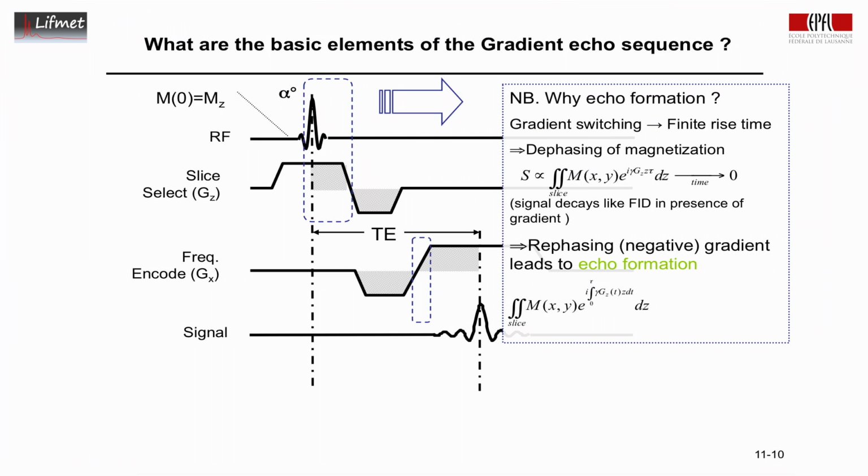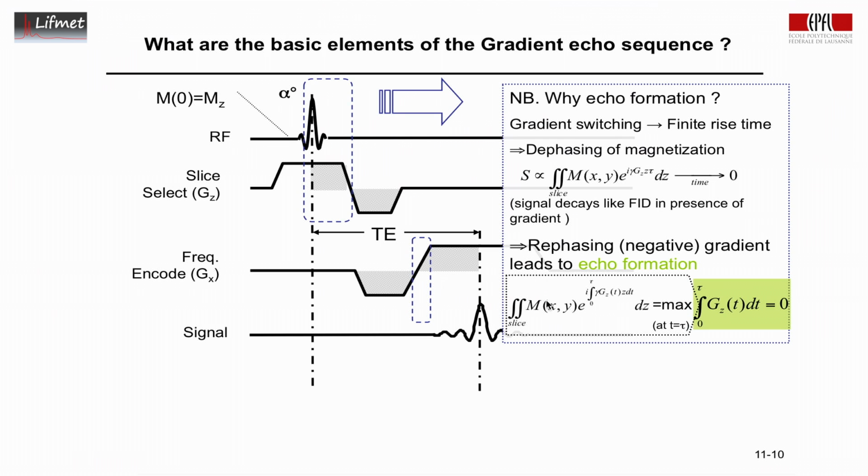If we write this in general terms, integrating over the slice, we have the magnetization times e to the i phase, where the phase is given by the integral over time of gamma Gz t, for a given position. And we want this to be maximal. That's what gives us echo formation. So this phase term must be maximal.